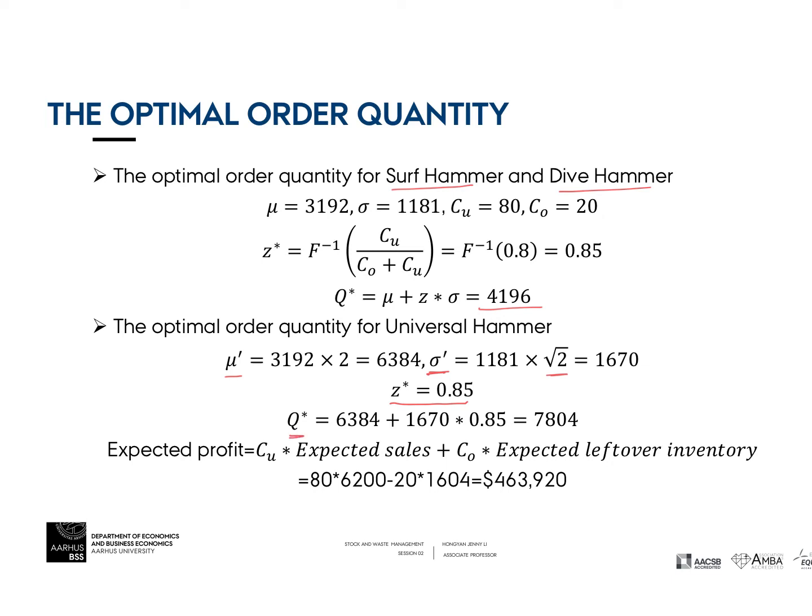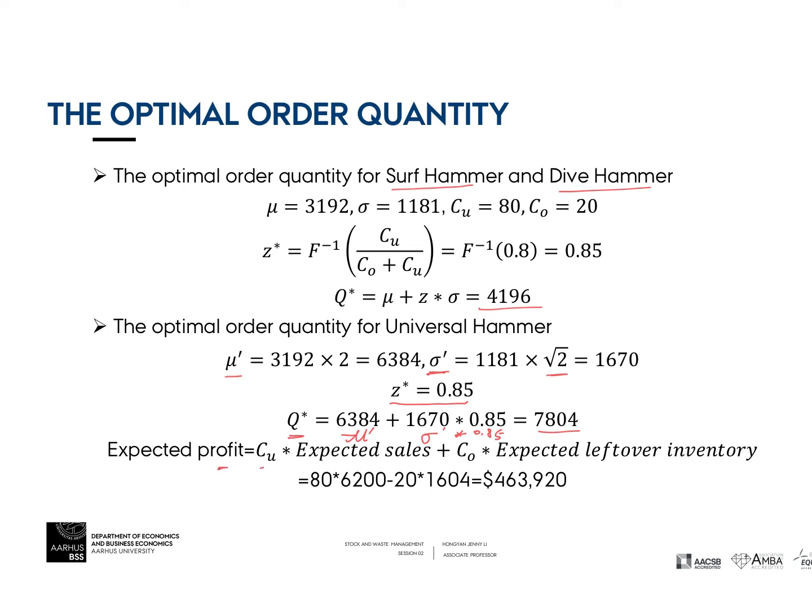Then the optimal order quantity is the new mean, mu prime, plus sigma prime times 0.85, which is 7,804 units.